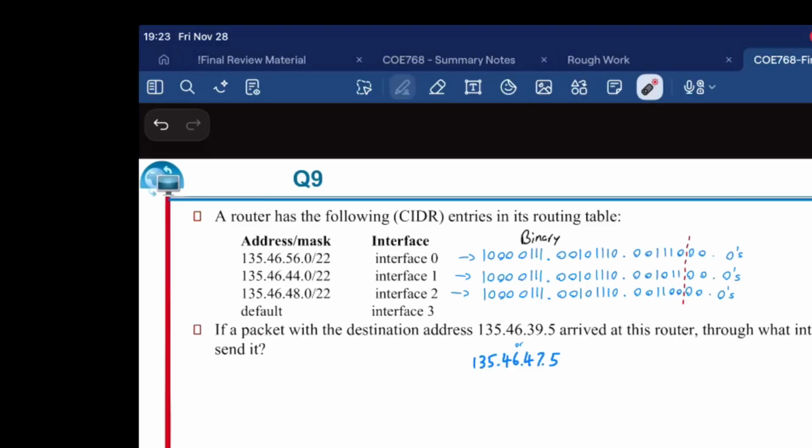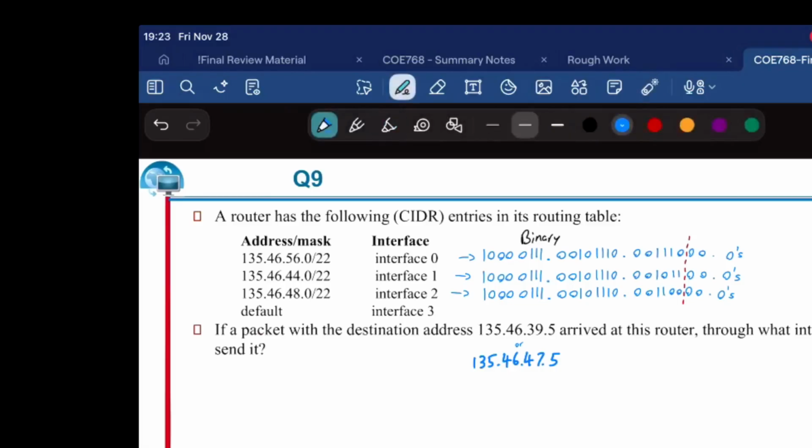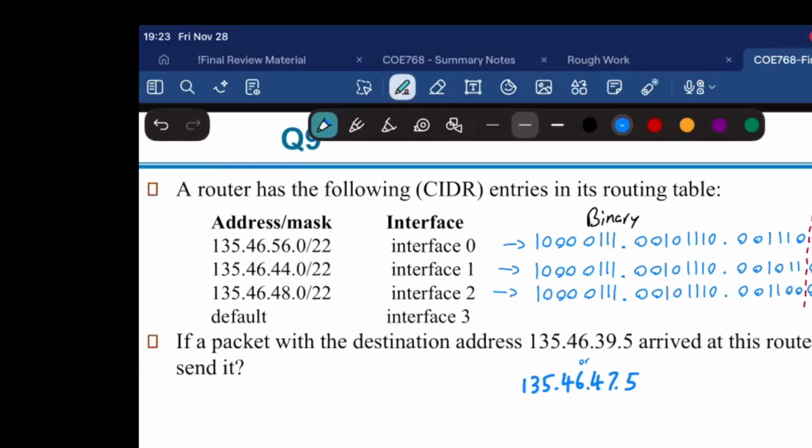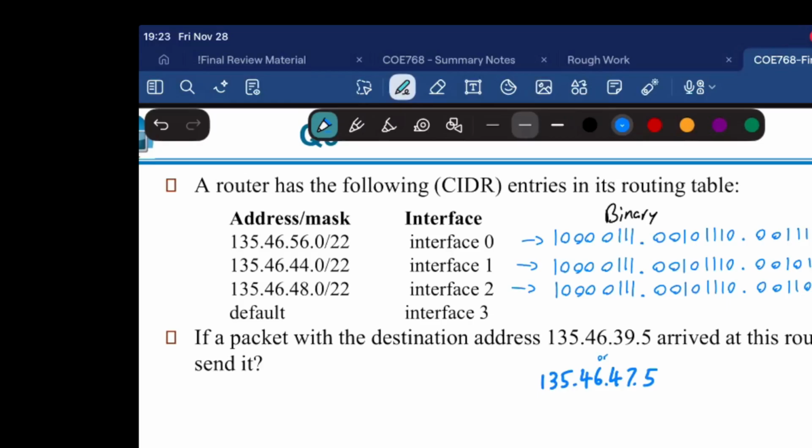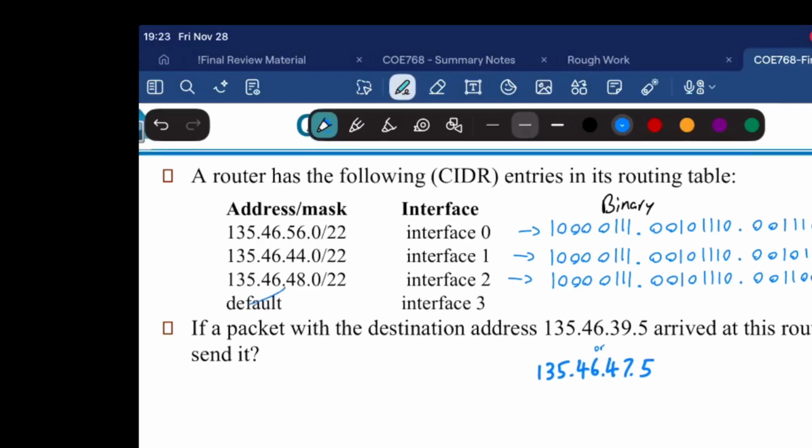Okay. So next, similar question. This time I've laid out all of the binary bits that we'll need. So a router has the following CIDR entries in its routing table, with all these IP addresses or networks connected to the following interfaces that we have.